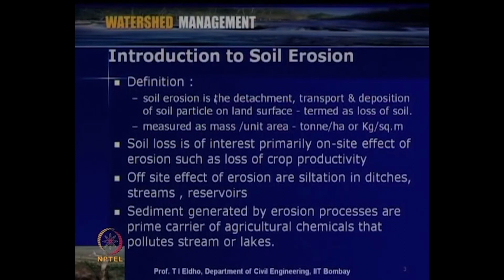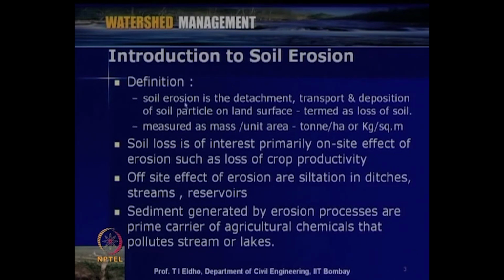We can define soil erosion as the detachment, transport and deposition of soil particles on the land surface, termed as loss of soil. This we can measure as mass per unit area, like tons per hectare or kilogram per square meter.